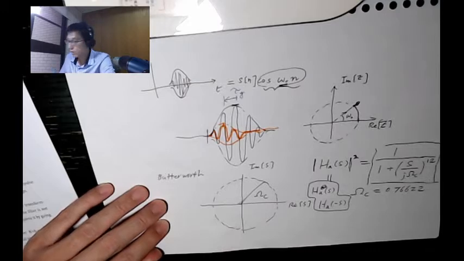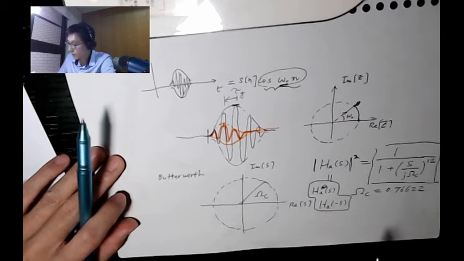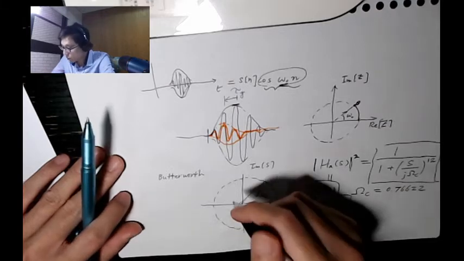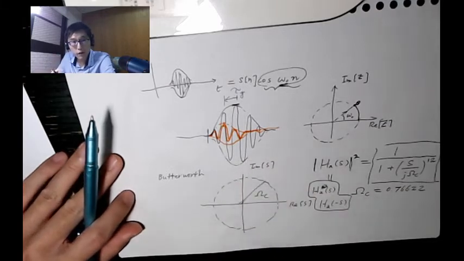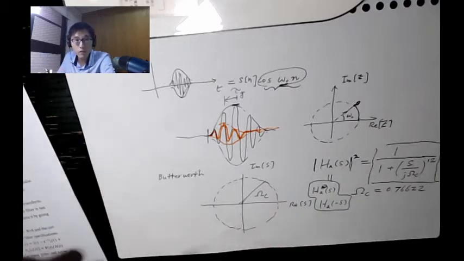Exactly, the magnitude squared will have 12 poles, and they are equally spaced around the circle, at equal angles. So we will have 6 on the left hand side and 6 on the right hand side, and they are all equally spaced, 30 degrees apart.